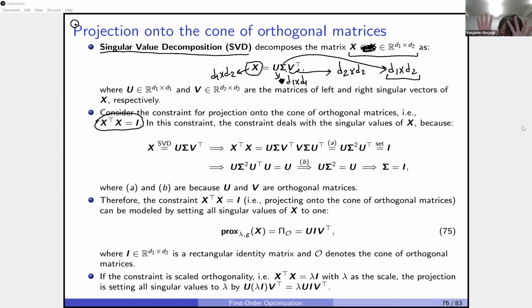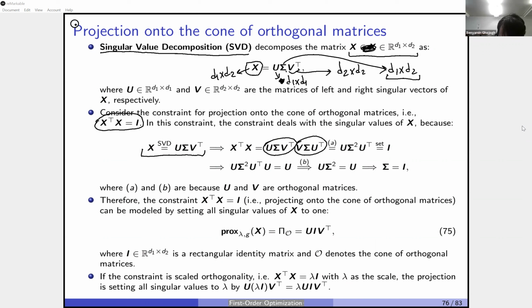Okay, so let's continue. Consider the SVD of X. Now, what is X transpose X? This is X transpose, right? When you are transposing, the order is changed. So V transpose becomes V and comes here. Then sigma transpose equals sigma because sigma is a diagonal matrix, and you will have U transpose at the end.